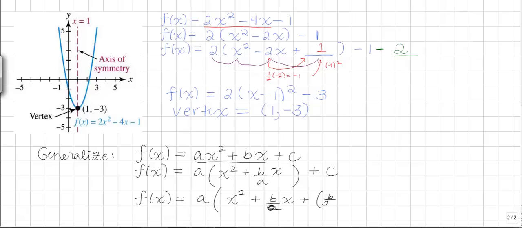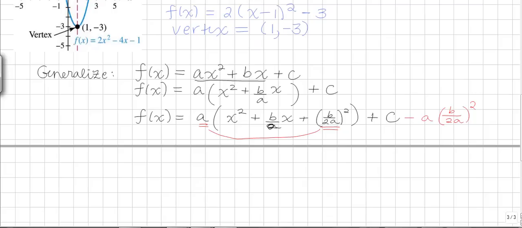So that would be b over 2a quantity squared plus the number c. And then I want to remember what I've really done is added a times the quantity b over 2a squared, so I'll subtract that. Okay, and I'm not overly worried about cleaning a lot of stuff up just yet.